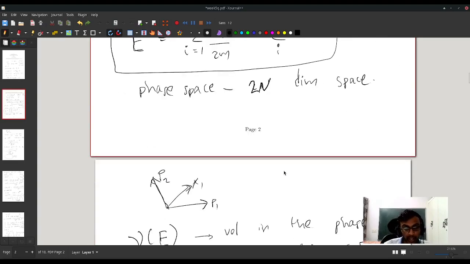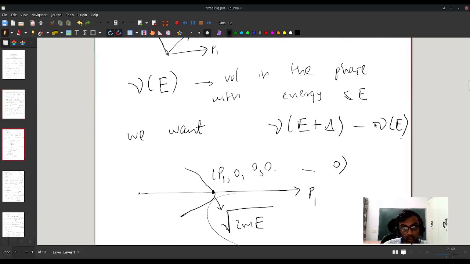just simple dimensional analysis, which is simply what we did here, to find how the volume of this phase space region depends on the energy. So this simple dimensional analysis is sufficient, and we need not do these integrals to find the volume and all.